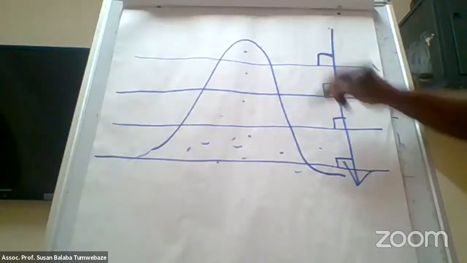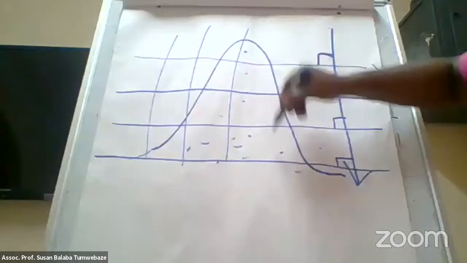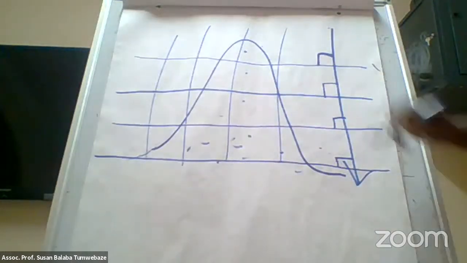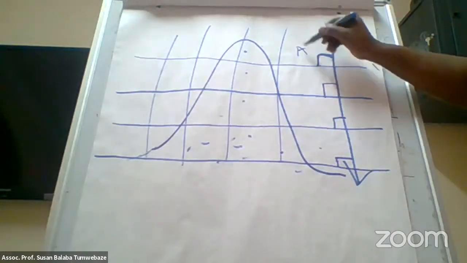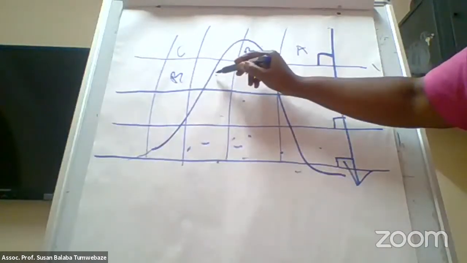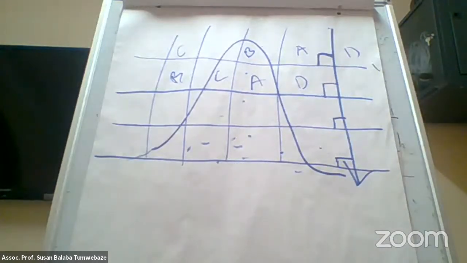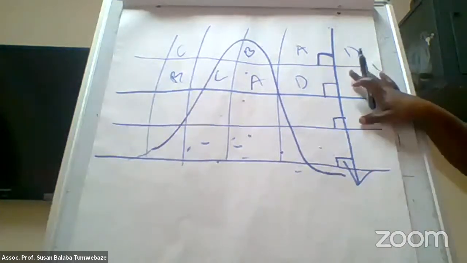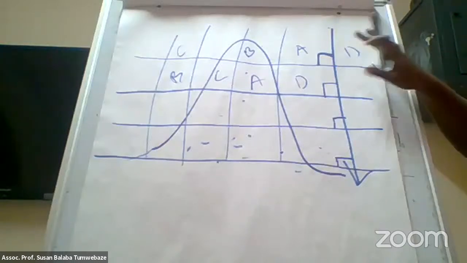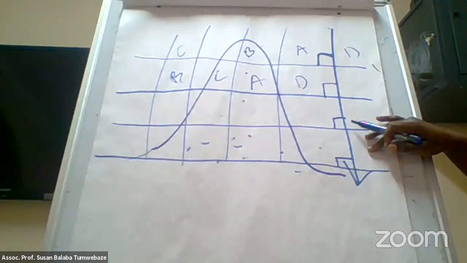Then after that, I now put my plots. Then these are the plots, so I put treatment A, B, C, like that, randomized. Okay? Then afterwards, I go in and collect information. So in this experiment, you are worried about the effect of the treatment, not the variation due to slope.